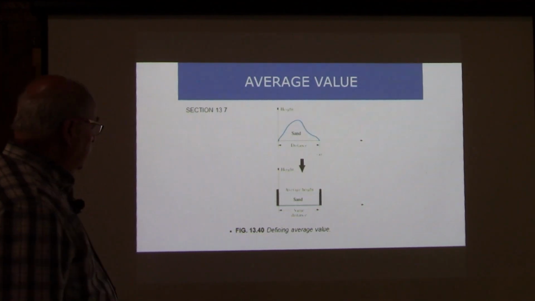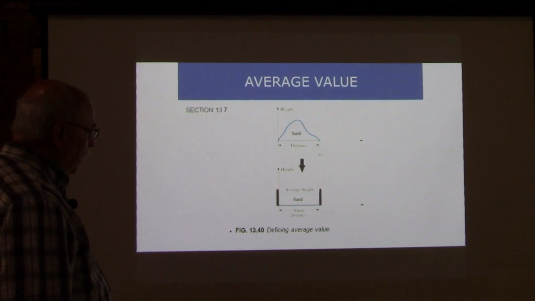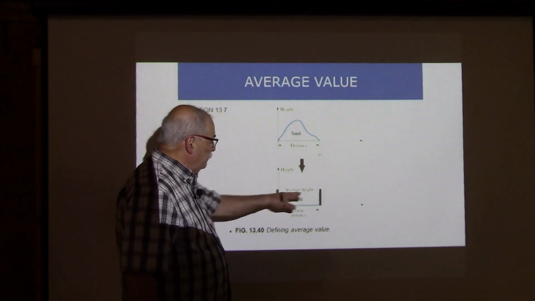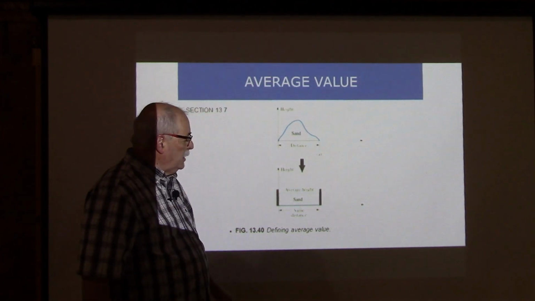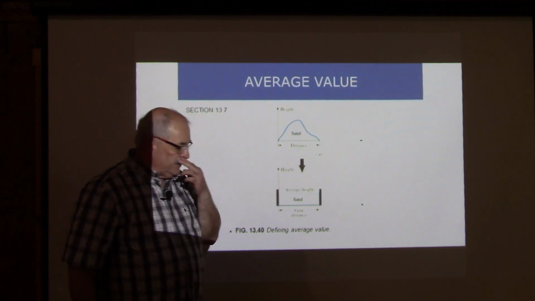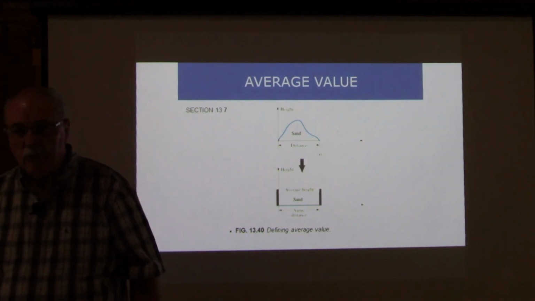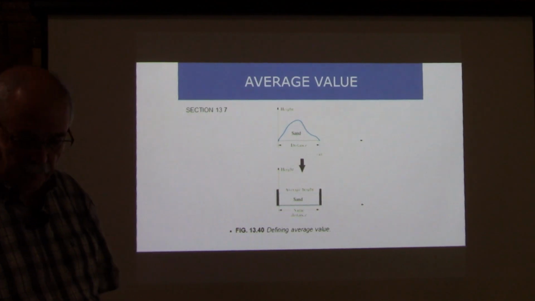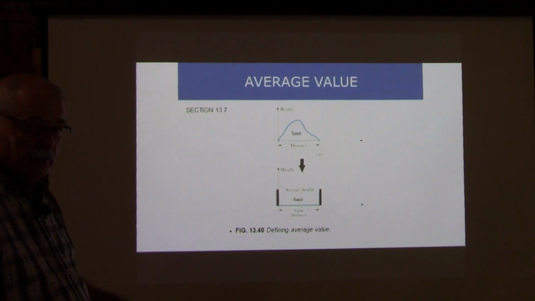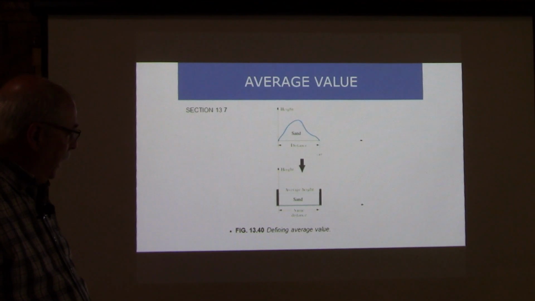We squish this sand down, and eventually it takes a nice level height across the bucket. That becomes the average. That's the average height of that pile over a certain distance. So that's an example of an average: pushing the odd shaped pile of dirt down flat so it's regular across this width, and that becomes the average.